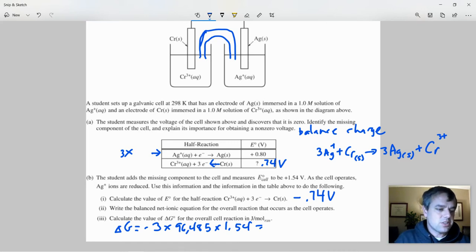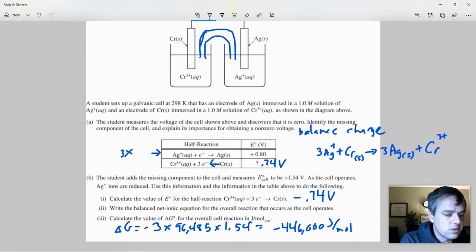So we take our trusty calculator, negative 3 times 96,485 times 1.54, and our value for Gibbs free energy is negative 446 kilojoules. But it wants it in joules per mole. So it's going to be negative 446,000 joules per mole.